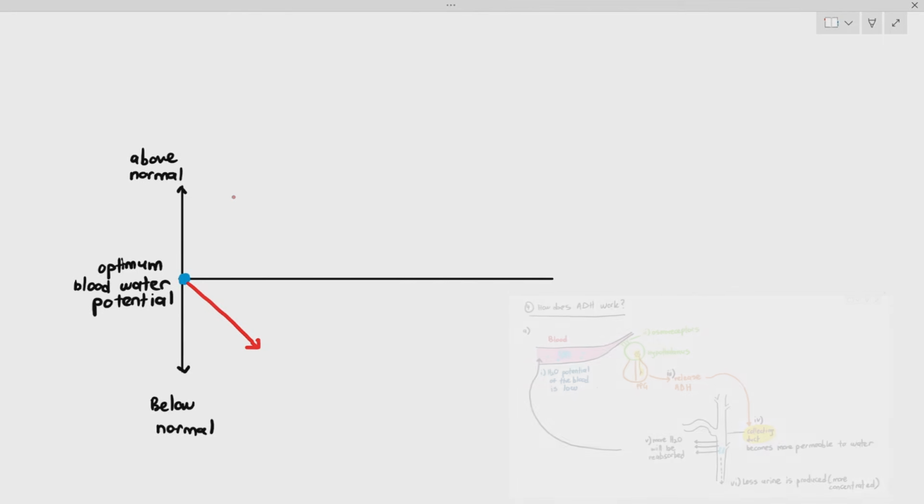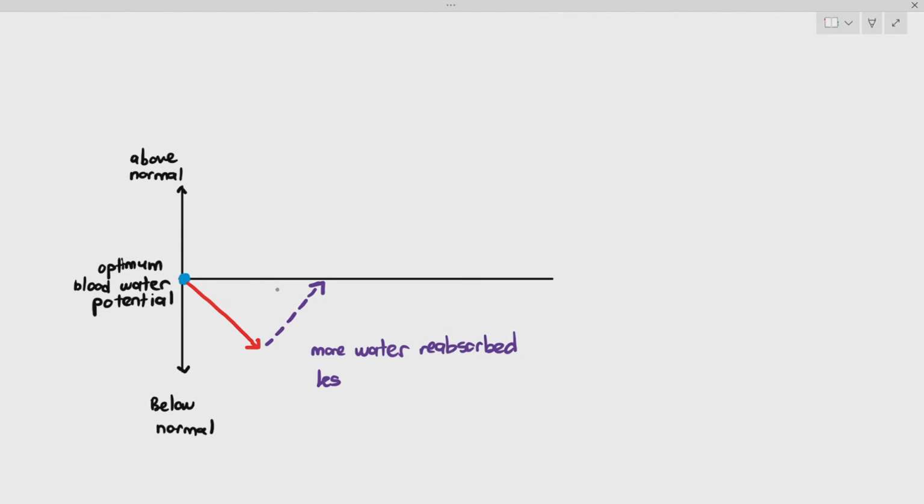So as you keep reabsorbing more water back into the blood, it goes back up. But what happens to urine production in this case? Bingo. Urine production will be very little because you've reabsorbed most of the water back into your blood. So I hope you understand this part of how the kidney does osmoregulation. And with that being said, we are actually done with the kidneys.